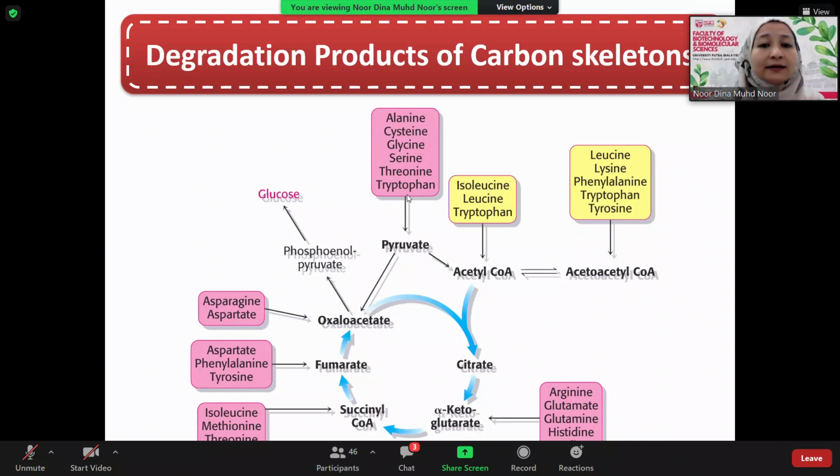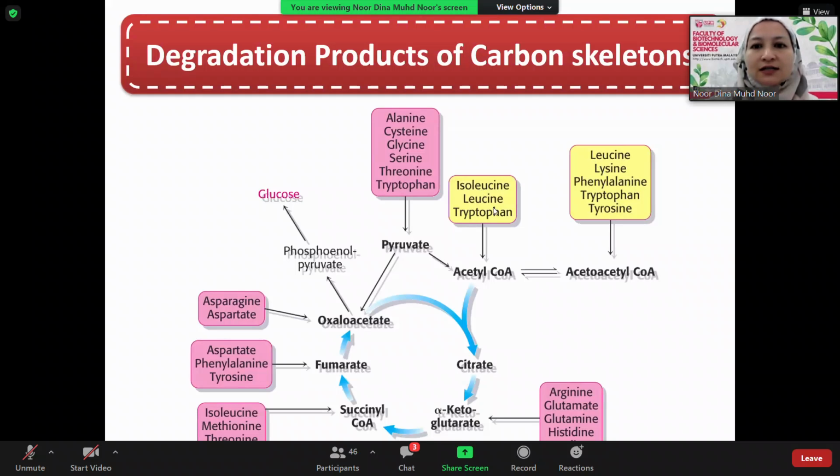When all these amino acids are degraded into these intermediates, you can see each of these intermediates is what provides to the continuous series of the TCA cycle here.